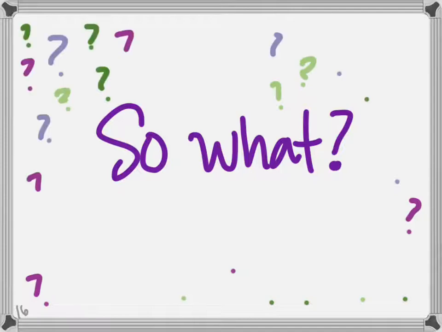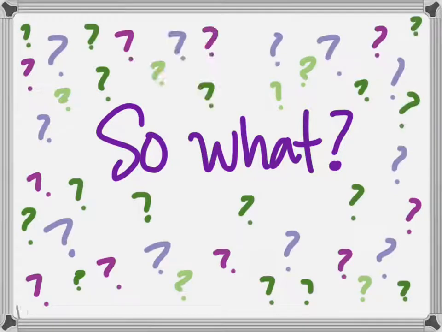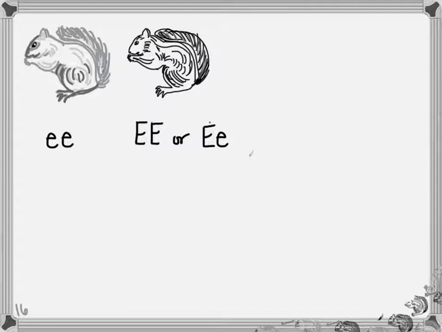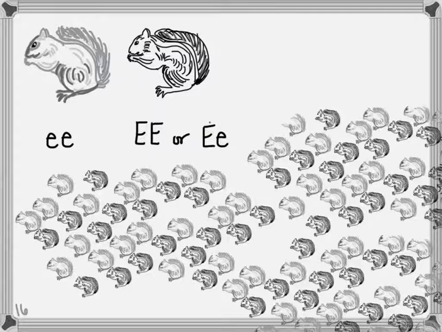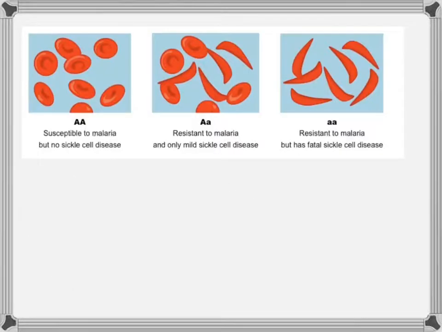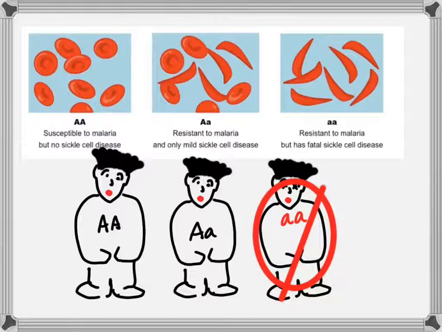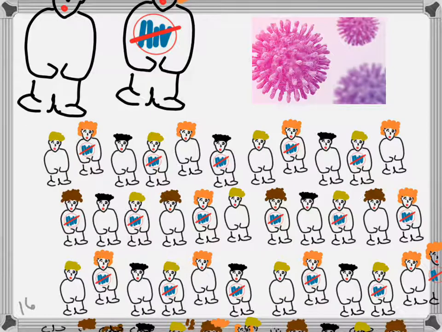Well, so what? Does it matter? Does it matter that 50% of a population carries a gene for dark fur? I mean, does that matter? Does it matter that 35% of a population carries an allele that protects them against malaria? Or that 62% of a population has a variation of a gene that allows them to more effectively fight off the HIV virus?